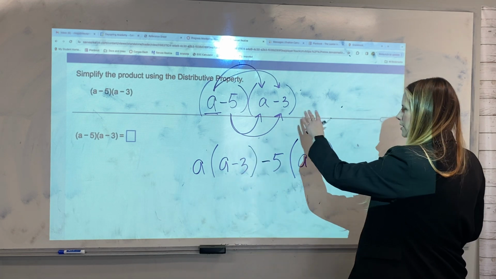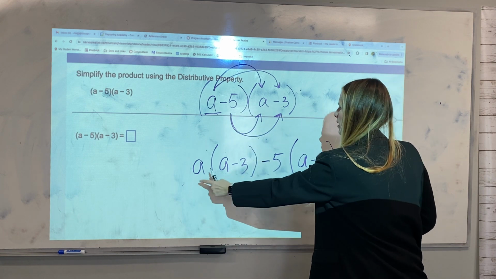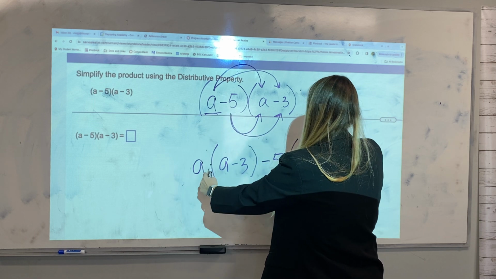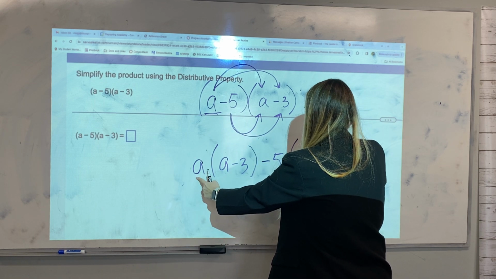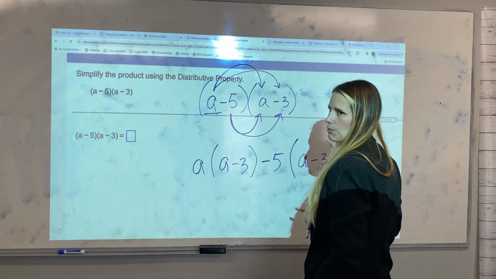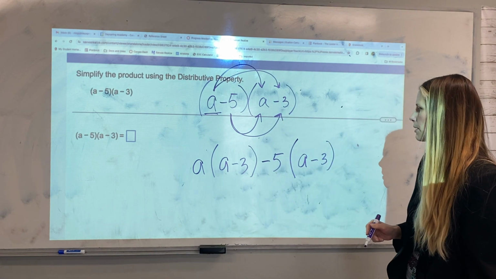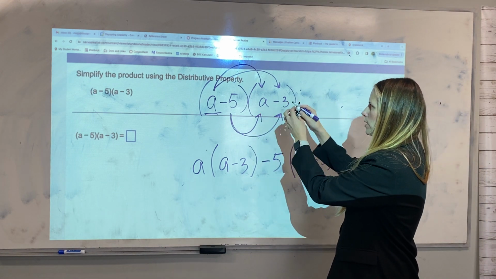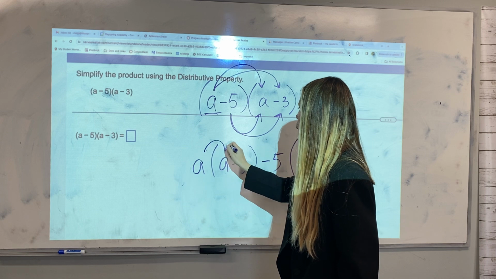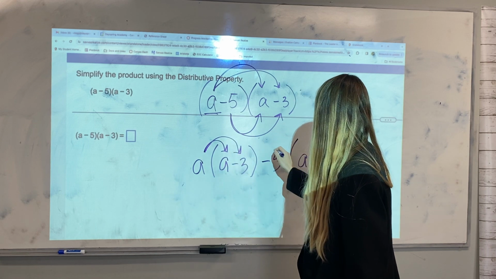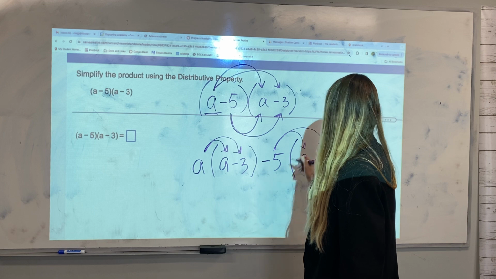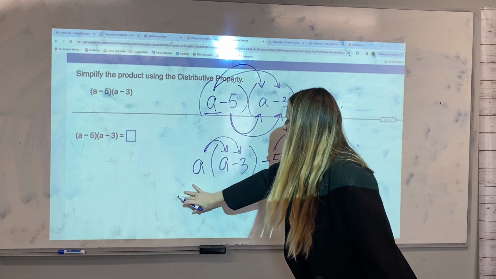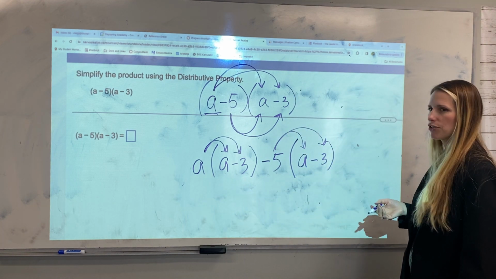When you rewrite these factors like this, you're basically taking your A and your -5 and breaking them up so that they can each be multiplied times the A minus 3, the second binomial. Now our arrows won't be so clogged up, and we'll be able to distribute here, and then distribute here and here. Totally the same thing as the arrows above, but making it one thing at a time from left to right.